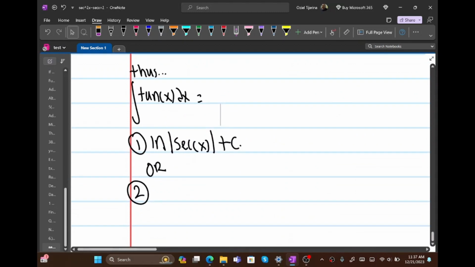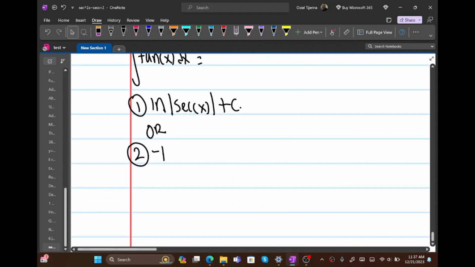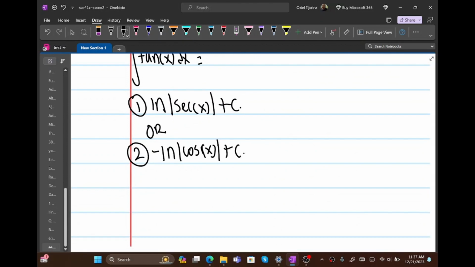Yeah. Or negative natural log of the absolute value of cosine of x, plus a constant of integration c. So these are the two answers, guys.